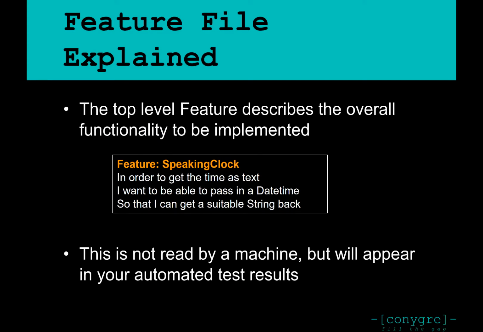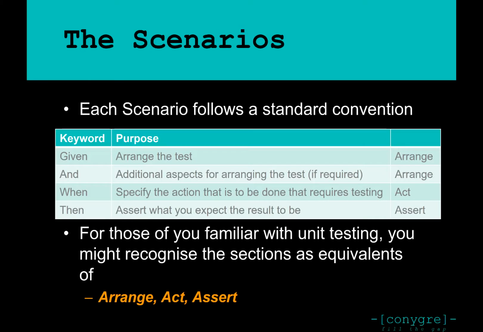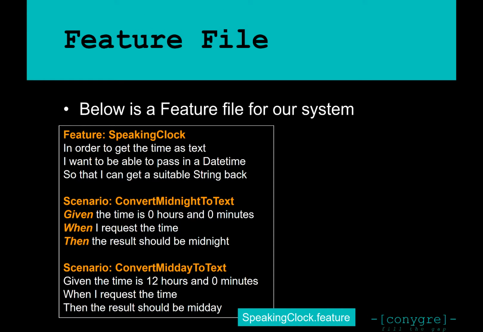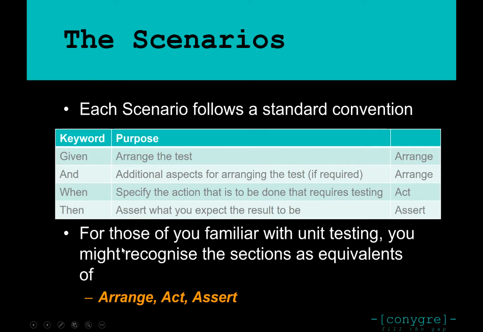The top level part of the feature describes the overall functionality, so it's the user story if you like. It's not read by a machine, but it can appear in your automated test results. Then you've got the scenarios. We saw that they had, if we go back, given, when, then. Given something, when this situation, then, and so on. The given is where you arrange the test, so you'd set up the speaking clock.